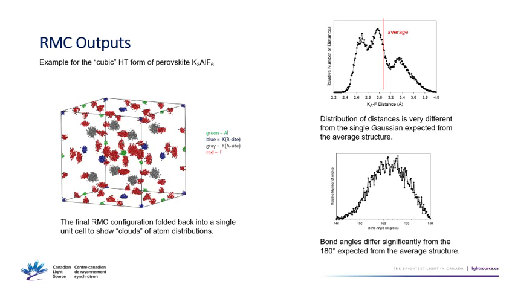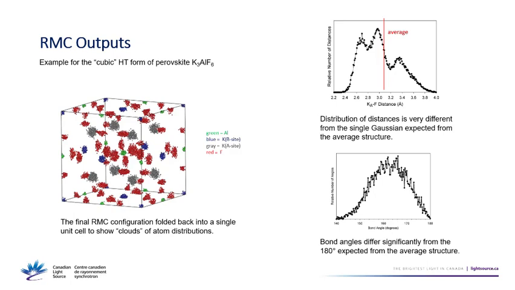All right, so these are some examples of the kind of information you can get out of RMC. This is an RMC I did a long time ago on this supposedly cubic high temperature double perovskite. Once you have this giant configuration, one thing you can do to make sense of it is collapse it back into a single unit cell, so you can see where each atom would be within that unit cell.